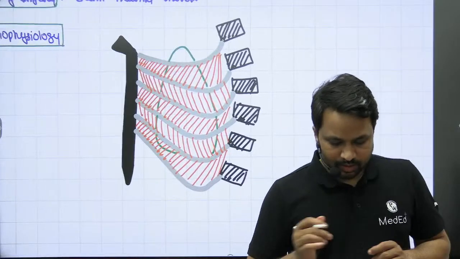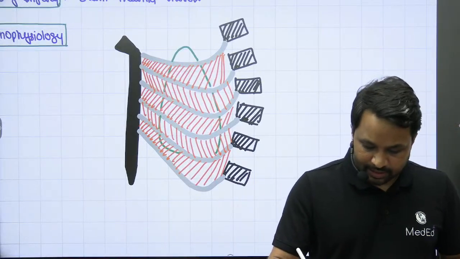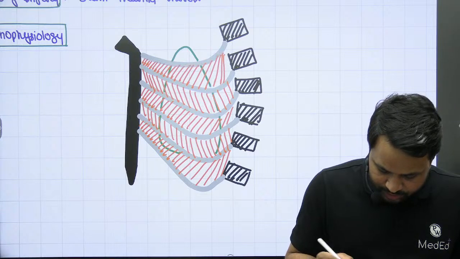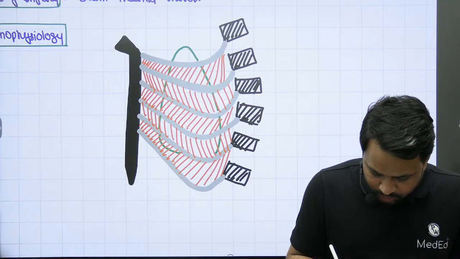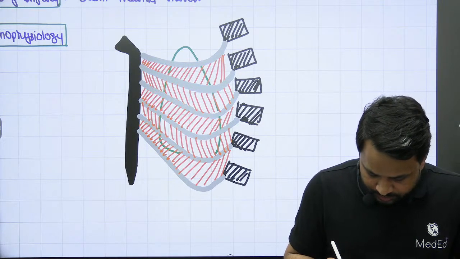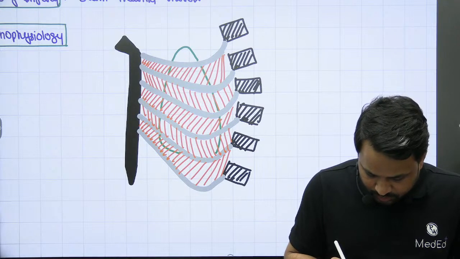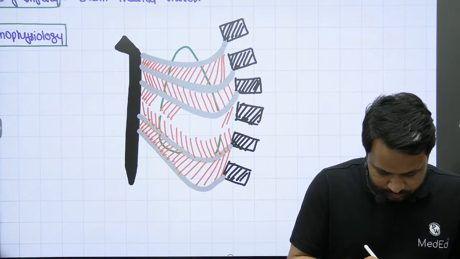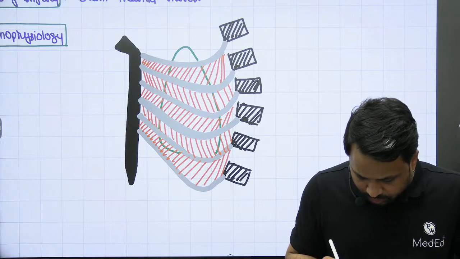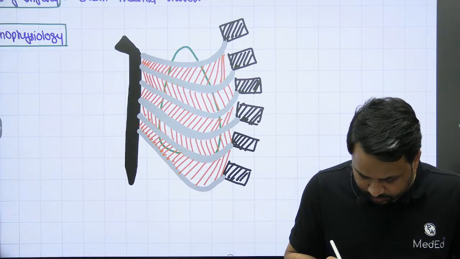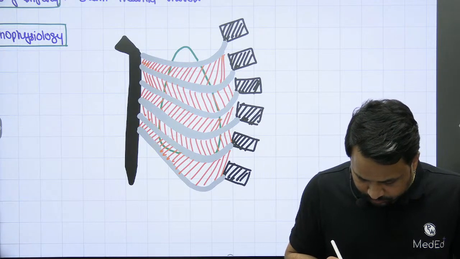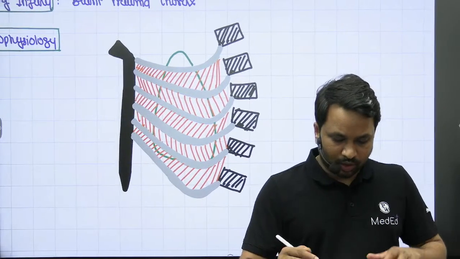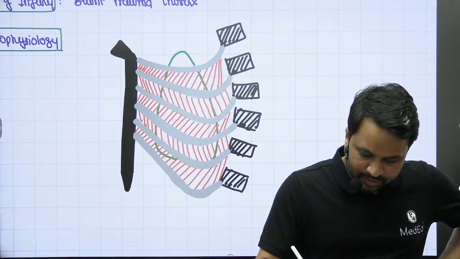Now, when we say that the patient is having a flail chest, we have just discussed that the patient is going to have 3 continuous ribs fractured at more than or equal to 2 different sites on the same rib.